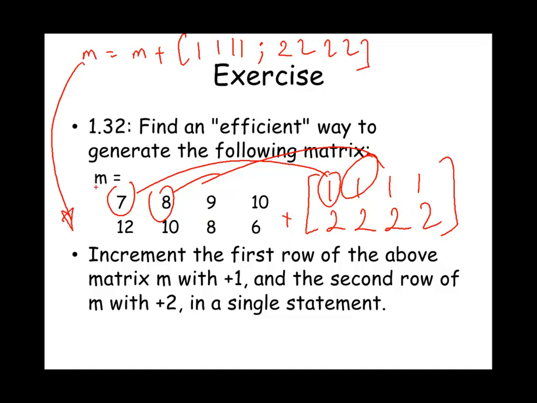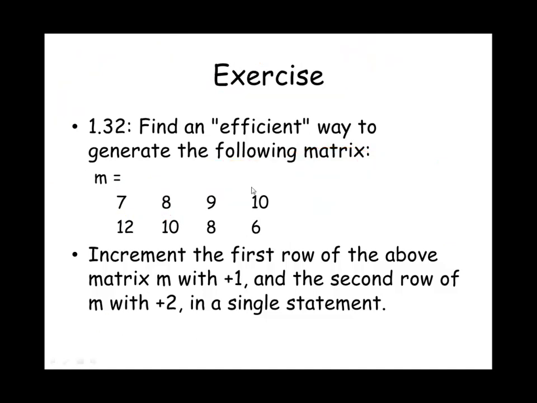The less you can write to answer a problem, the better. So let's try to find a way to write this second matrix in a more efficient way. We can use the wrapmat function for this purpose. If you look at the matrix that contains all 1s in the first row and all 2s in the second row, you can see that it can be generated by replicating a single column 4 times.